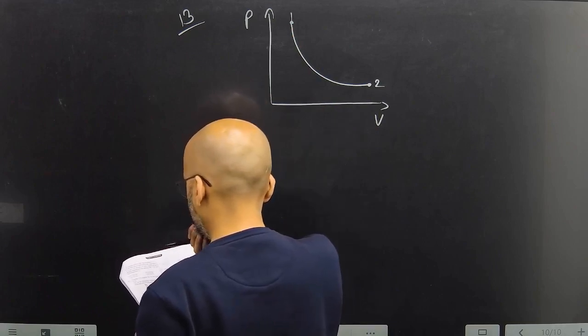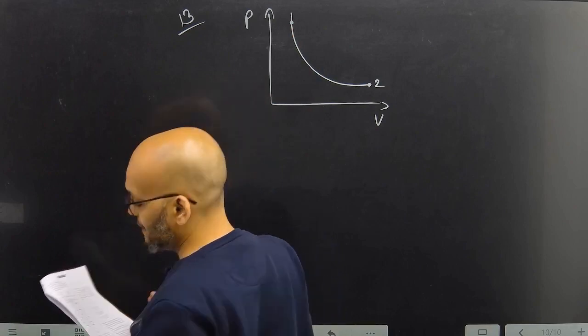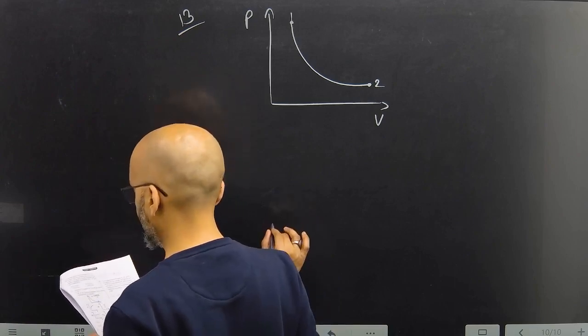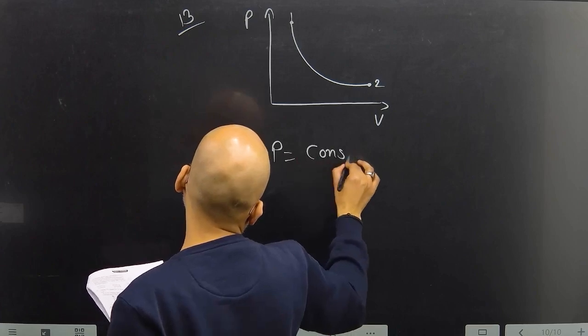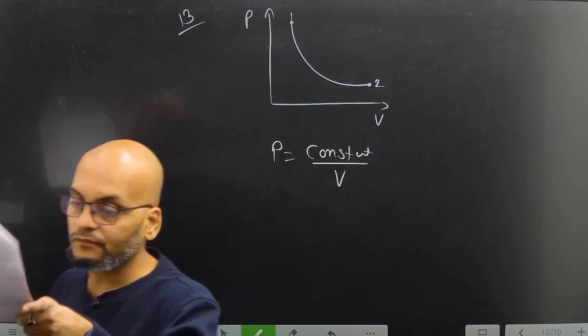Out of the following diagrams, which represents the TP diagram? TP means temperature pressure diagram, and they have given the relation here that pressure is equal to constant upon volume.